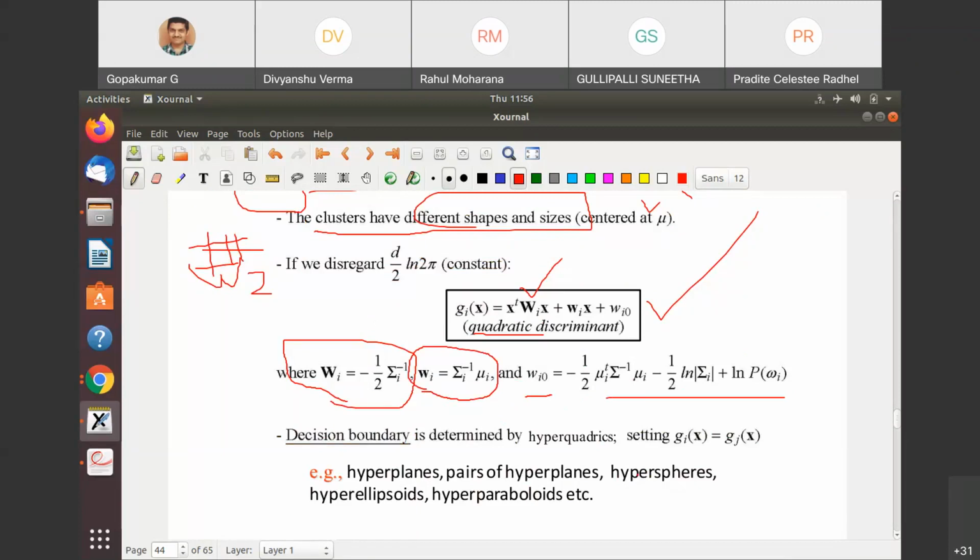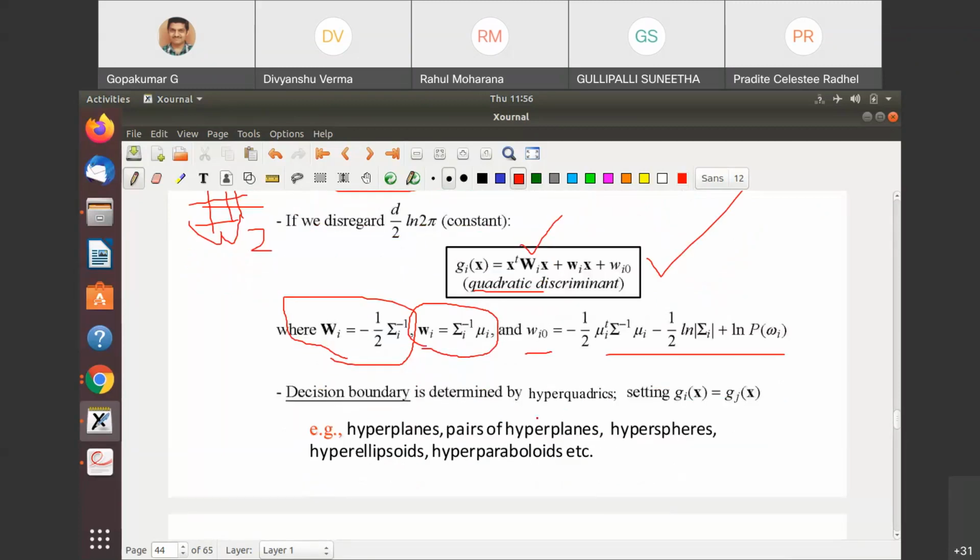Now the decision boundary is called hyperquadrics; that is the term we use in that case. Here it is very complicated because we set gi of x equal to gj of x, and depending upon the covariance matrix, for example, in some cases it can be like the previous case for one or two classes, but when you consider another pair of classes it can be different. So many possibilities can come.